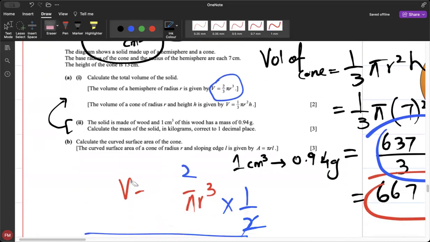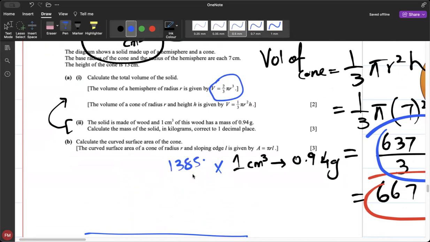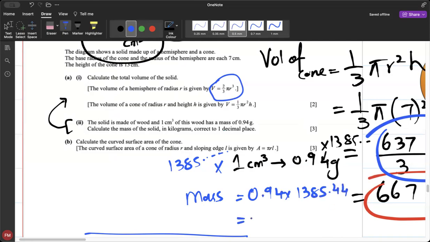So can't you say that if I were to multiply 1385 on both sides, exact value by the way, 1385.44236, the mass is equal to 0.94 times 1385.44236. Don't show all of that, just do that in the calculator. Times 0.94, in my calculator, this gives me 1302.31 dot dot dot grams.